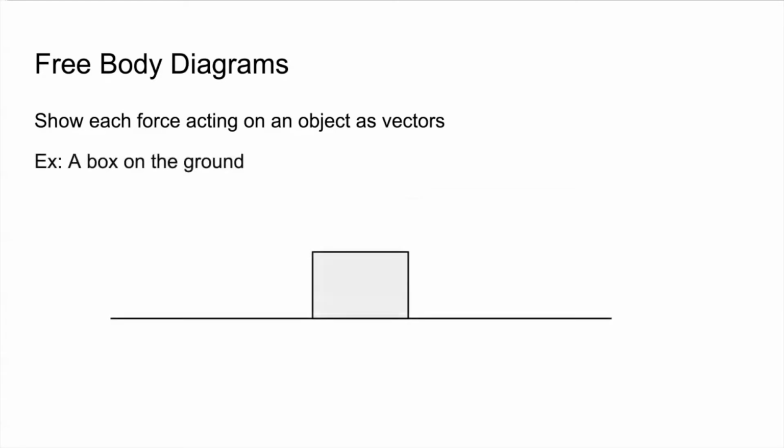Let's draw the free body diagram for a box on the ground. Since this is on Earth, there has to be gravity acting downwards, and in order to balance that out so the box doesn't sink into the ground, normal force acts upwards. And in order for the forces to balance out, the magnitude of the normal force must be equal to the magnitude of gravity.